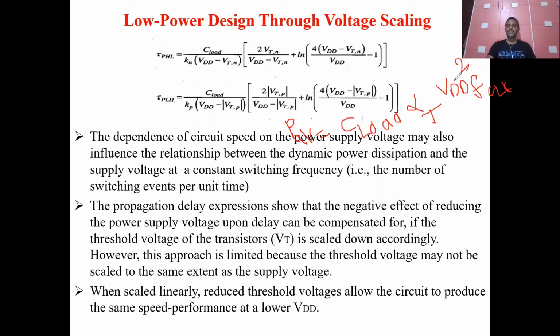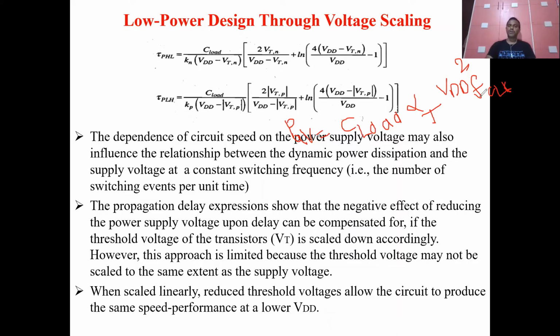As we increase VDD, the power consumption automatically increases, but if you scale down the power supply, there is a possibility of reducing the power consumption. But at the same time, another problem arises: the delay will increase.